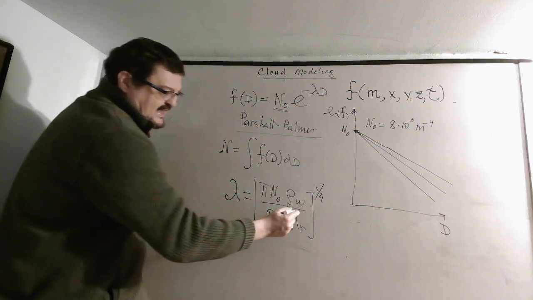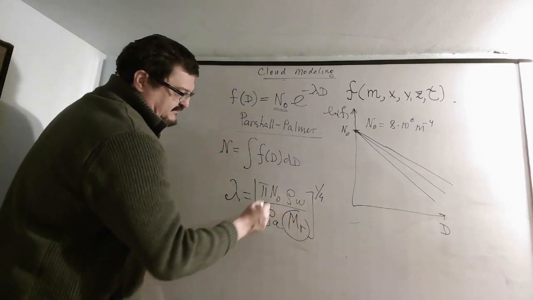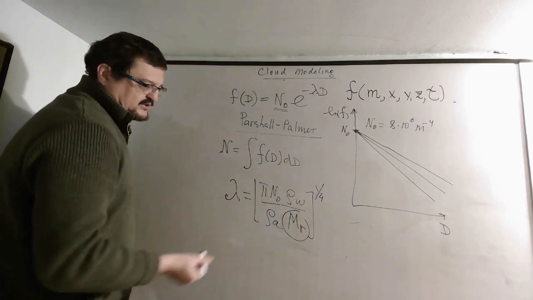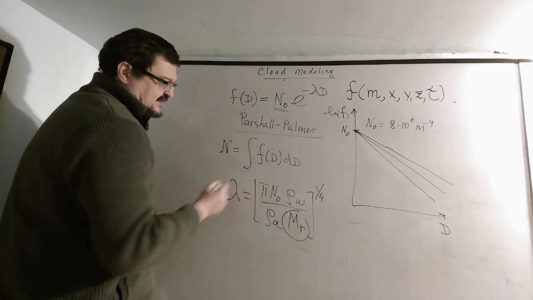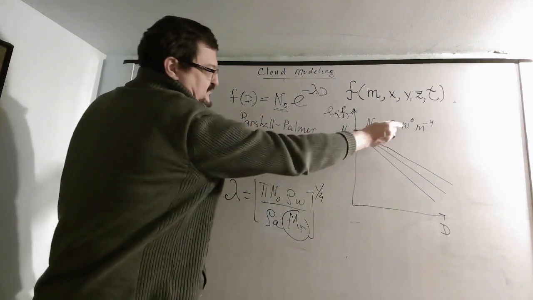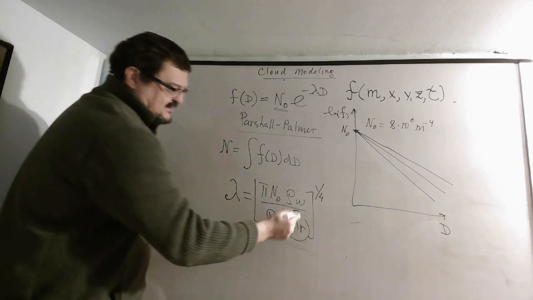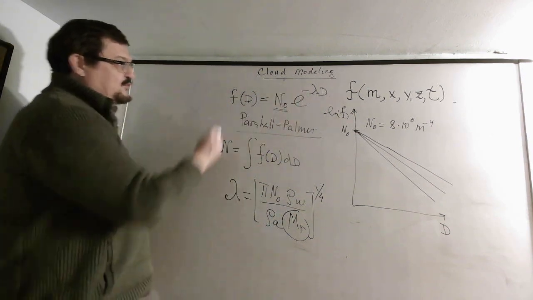So if you know mass and everything is given, you know density of water, you know density of air, you know n naught because you prescribed it to this number, you know pi, and you know lambda, so you know your whole distribution.